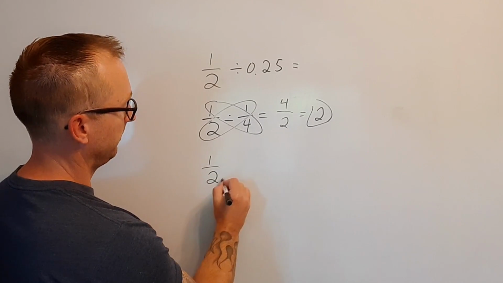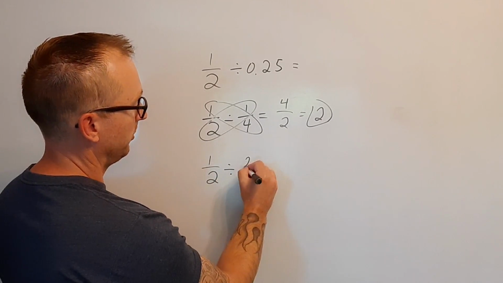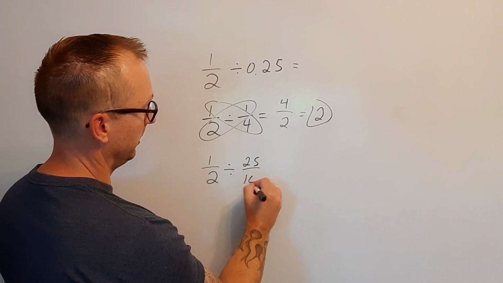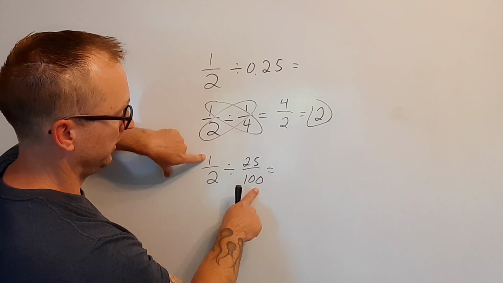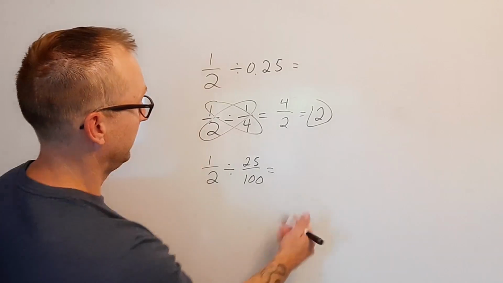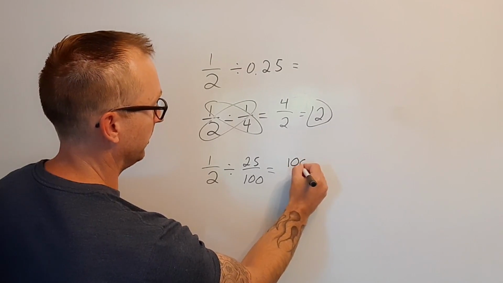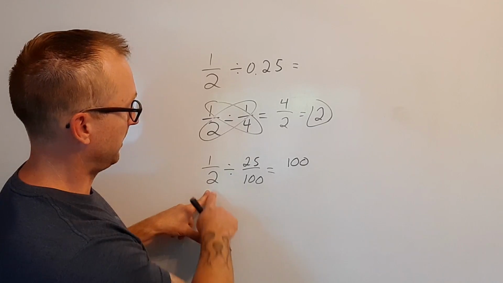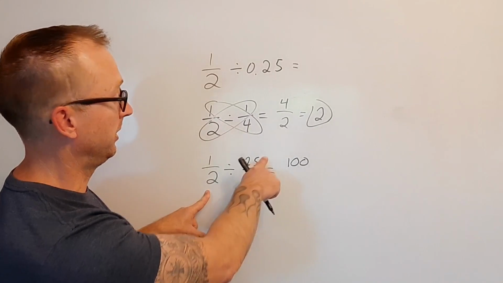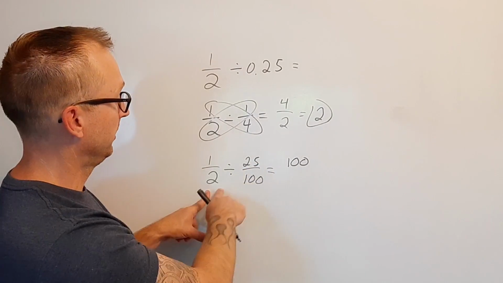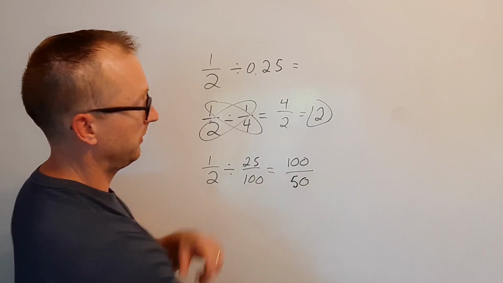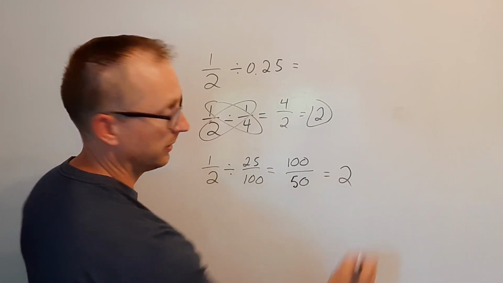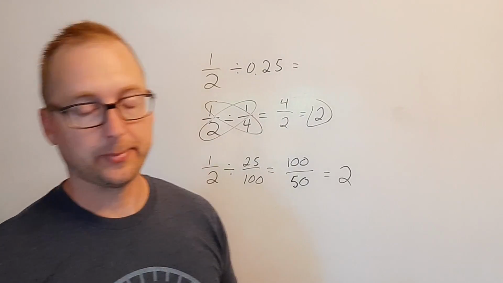So we have 1/2 divided by 25 over 100. Cross multiply. So the top of the first one times the bottom of the second gives us our top number of 100. And then our bottom of our first times the top of our second. 2 times 25 is 50. Simplify that, equals 2.